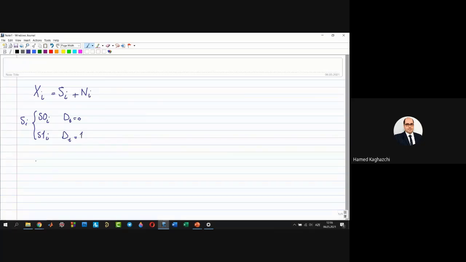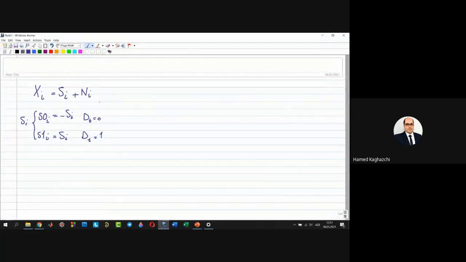And also S0i can be represented by minus Si, and S1i can be represented by Si.